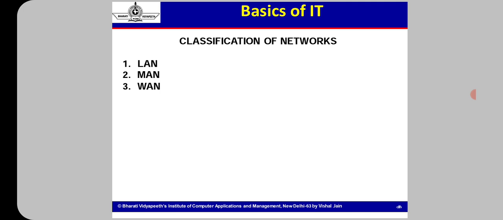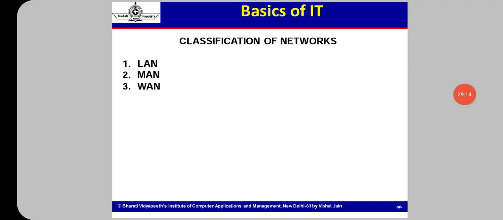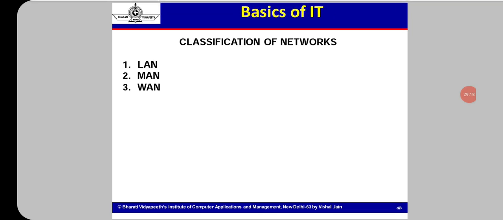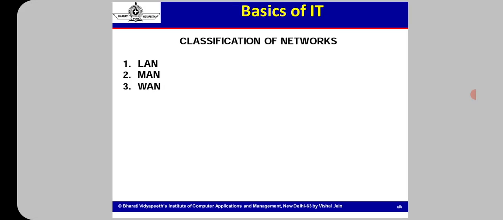Classification of networks means basically networks are of three types. This is one of the important sets of questions from the 5th unit. The first one is LAN, the second one is MAN, and the third one is WAN.